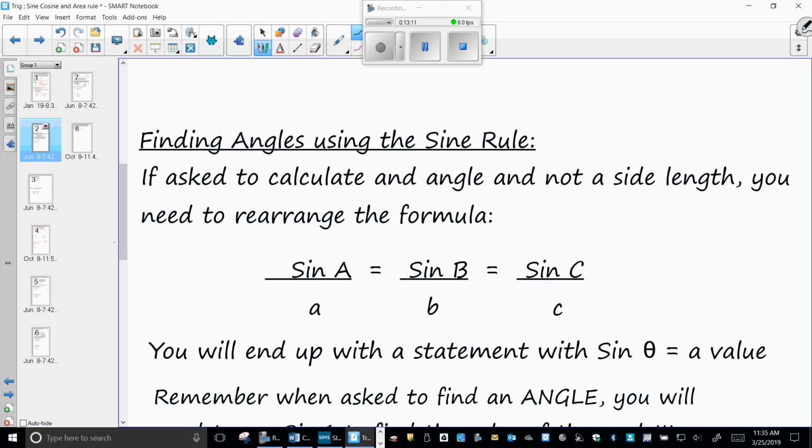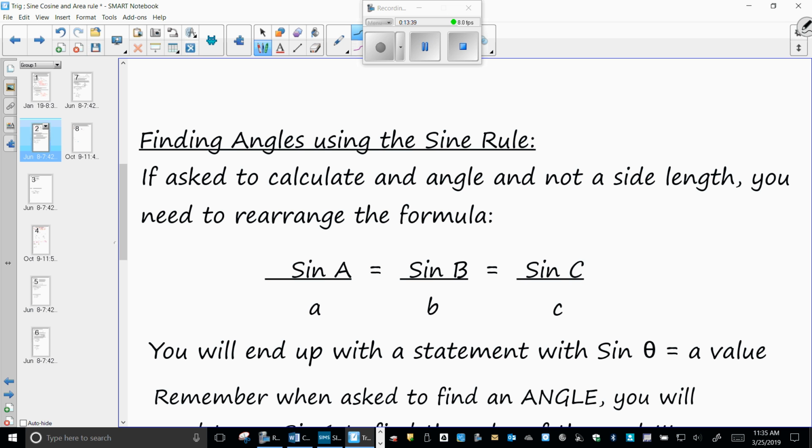You don't get given this version, but you will see that it's just the inverse of it. So reciprocal, that's the word. It's just everything upside down, so it's not hard to remember. Where the lengths used to be all on top, now your sines are all on top. But notice the sines are all on top and the lengths are all on the bottom, or the other way around. You don't have to mix and match.